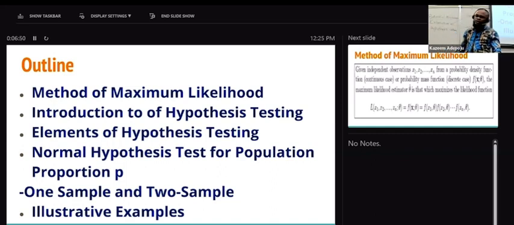Have you ever wondered how we know that this is the formula? If I want to find the mean, how do we know that this is the formula we're going to use? If I want to find, for instance, the population variance, how do I know this is the formula that I'm going to use?